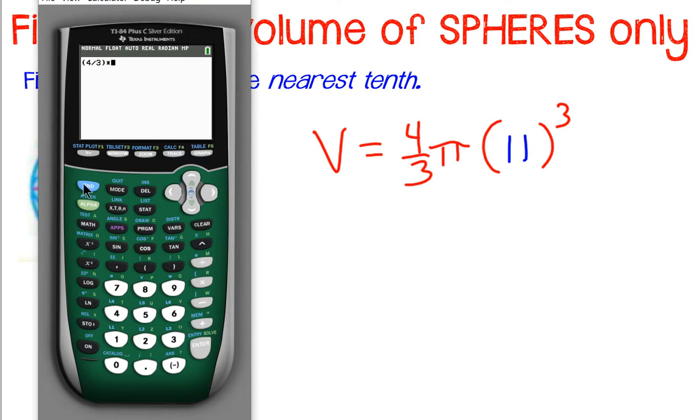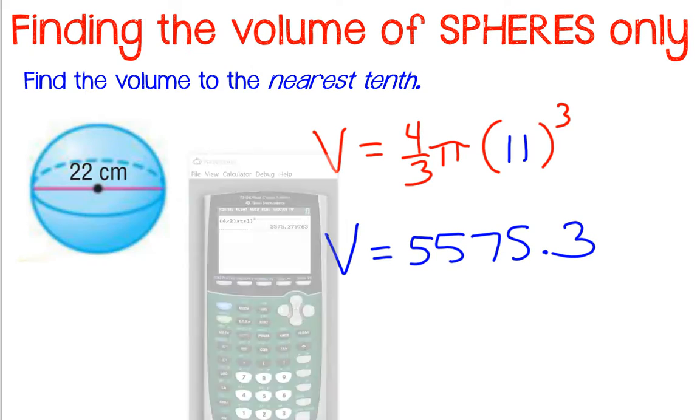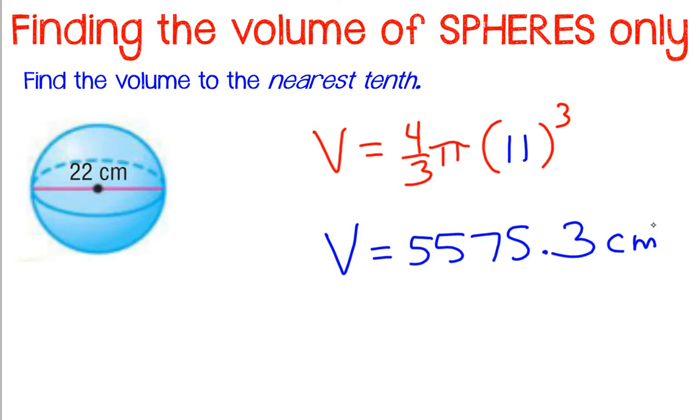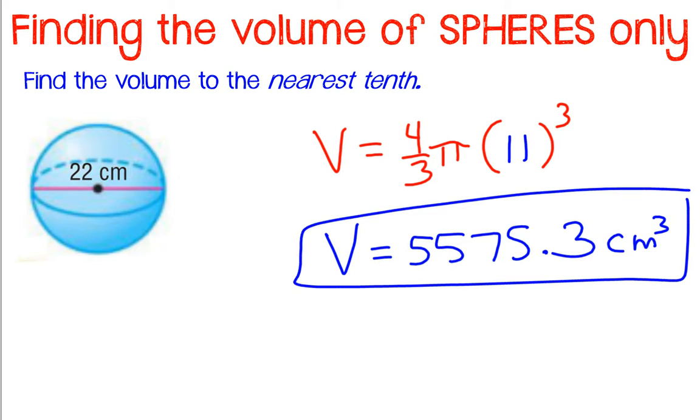I'm going to press the times pi button, and then I'm going to press times 11, but I'm going to raise it up to the 3rd power. And my volume is equal to 5,575.3, when rounded to the nearest tenth, centimeters cubed. It's pretty simple. So let's take a look at a different type of question.